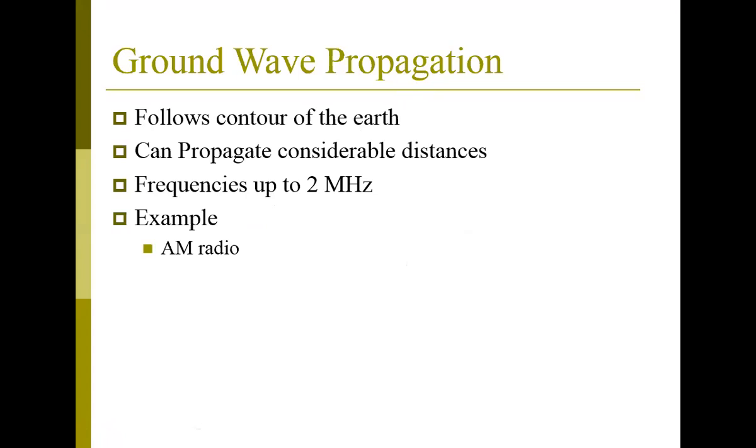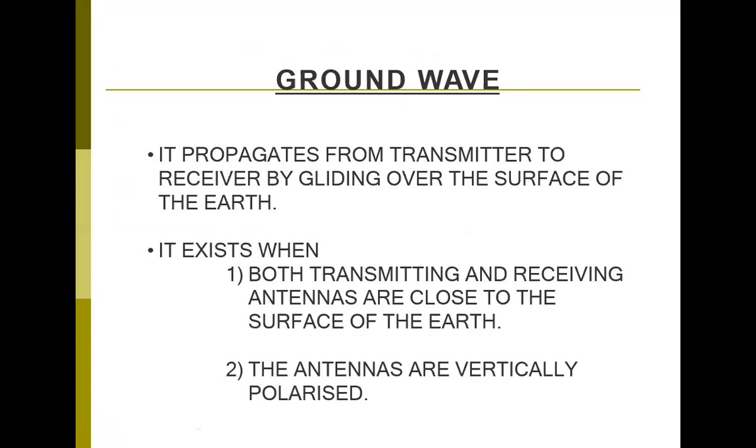The frequency range is given. An example is AM radio. You have already studied amplitude modulation. The ground wave propagates from transmitter to receiver, gliding over the surface of the earth.